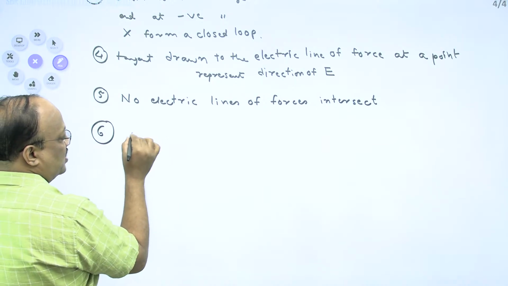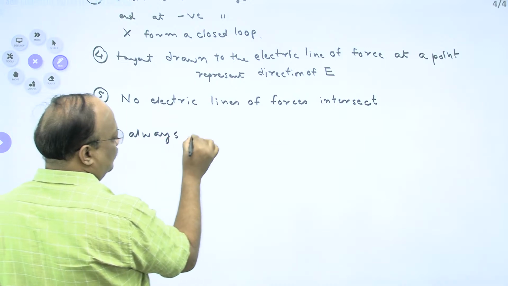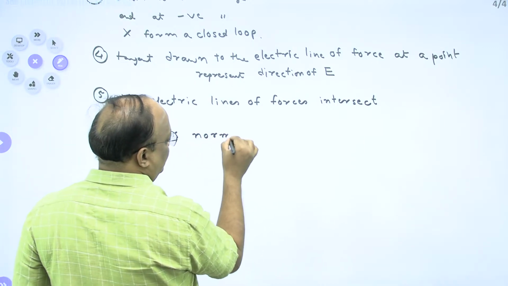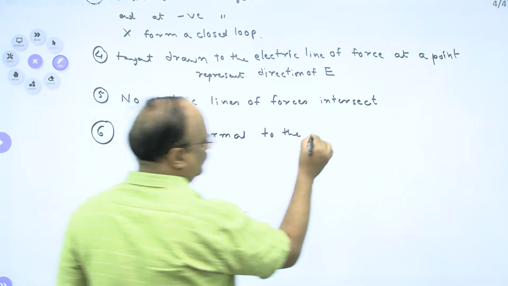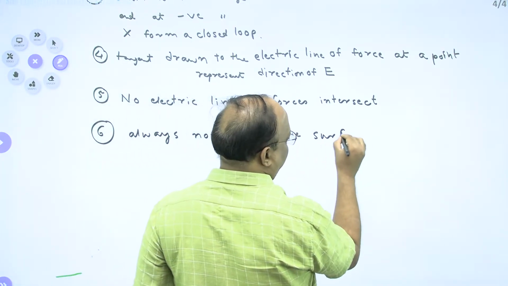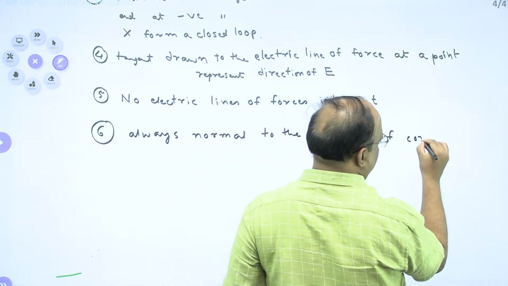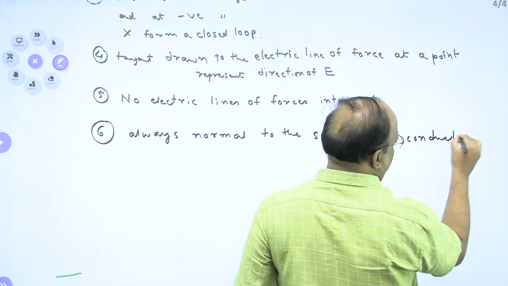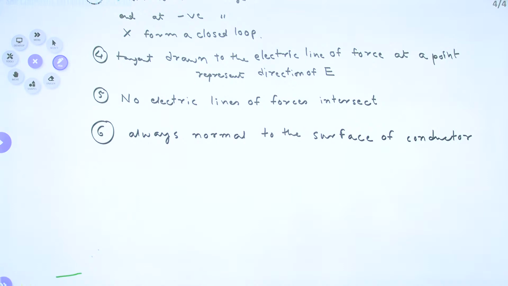Electric lines of force are always normal to the surface of a conductor.